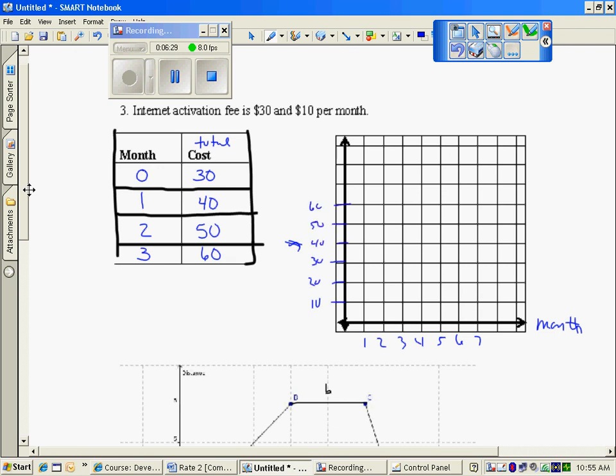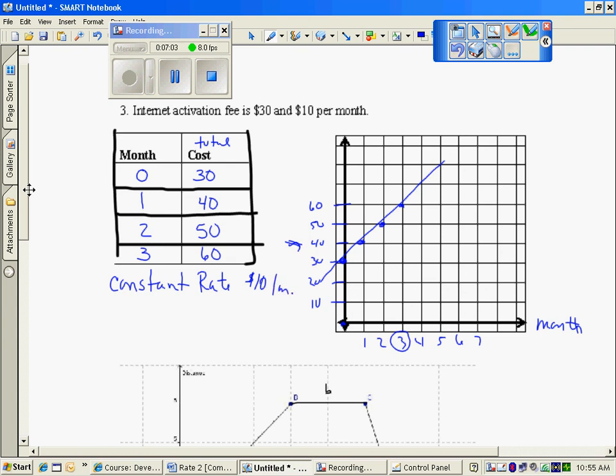So plotting these points that we've built in our table, 0, 30. So before I begin, I still must pay $30 for them to turn the switch and turn on my internet. After 1 month, I've paid $40. After 2 months, I've paid $50. And after 3 months, I paid $60. Again, notice I have a constant rate, and here my constant rate is $10 per month.